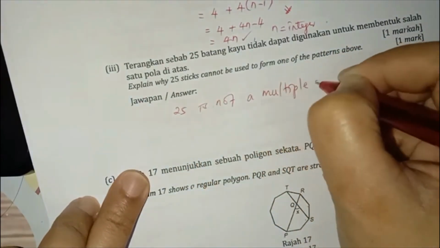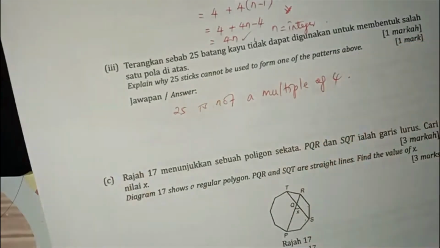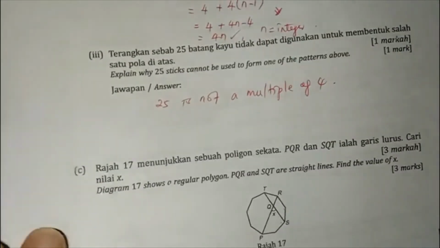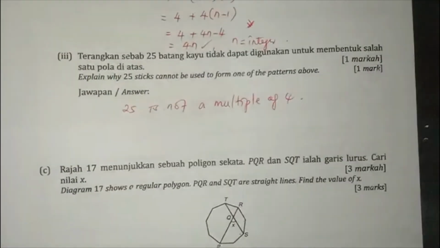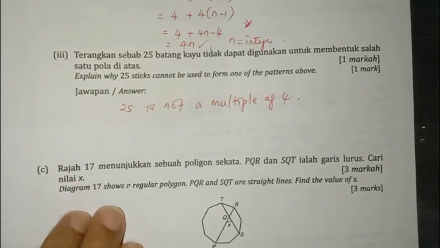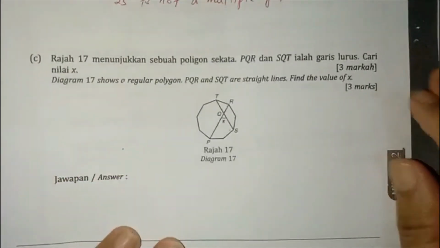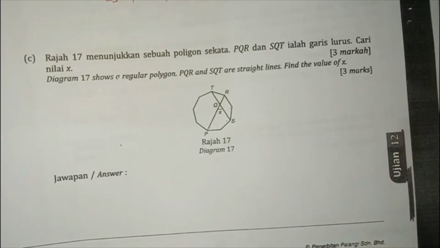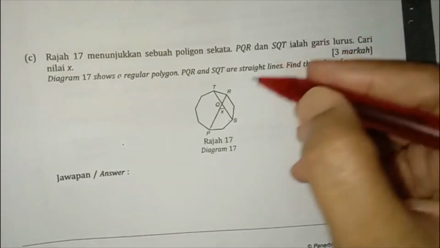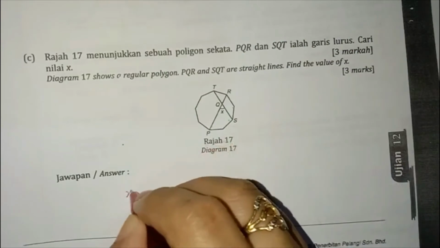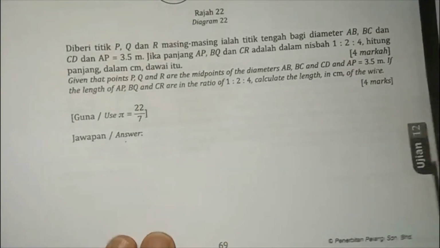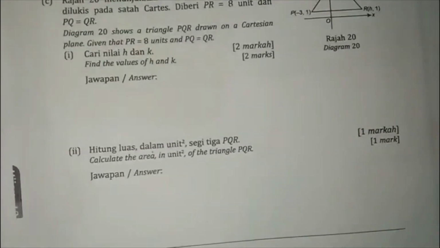When you divide, you cannot get n as a whole number or integer. Now part C, you can try to answer. I give you the answer, x equals 60. This one you try yourself. Number 27.